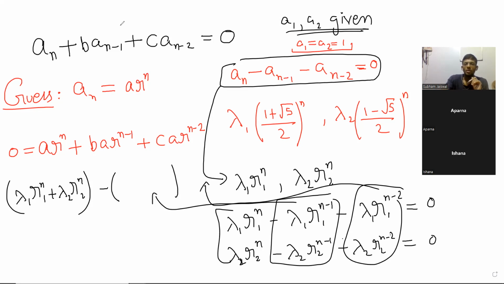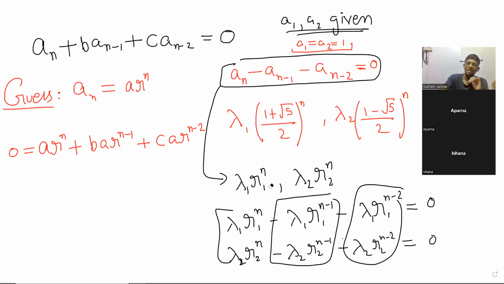So the point here is that you guess two solutions, and then you can take the sum of solutions, the difference of solutions, not the product. You can multiply one solution 2 times and multiply another solution 3 times. That will also be a solution. So all of them become candidates.